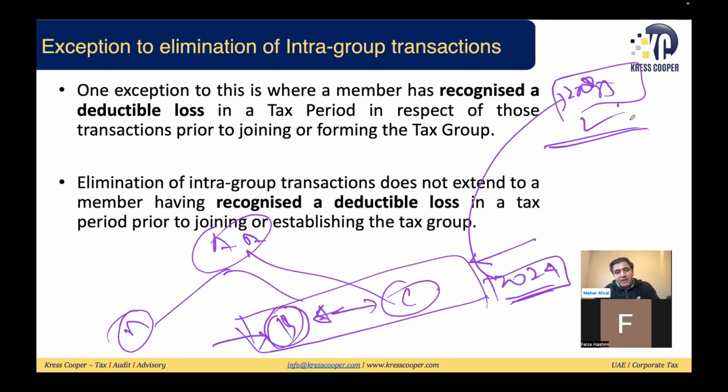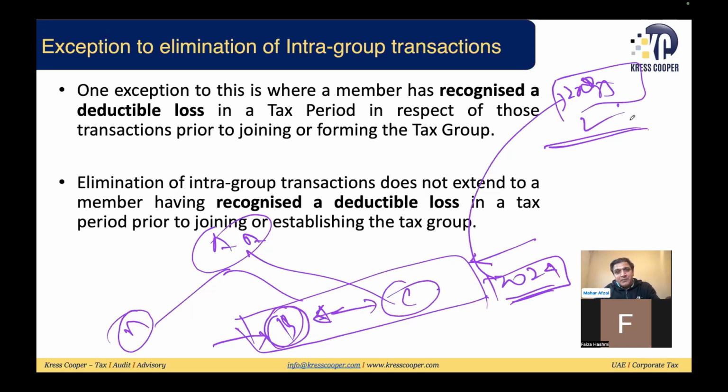The company has carried forward the losses. Once the losses have been carried forward to the next year, when it has become part of the tax group, again they are taking benefit due to this transaction. They are saying this transaction will not be subject to tax because it is an intra-group transaction. No, this intra-group transaction has already resulted in tax losses, the benefits of which have already been taken, so we will not be able to take the double benefit of this transaction.